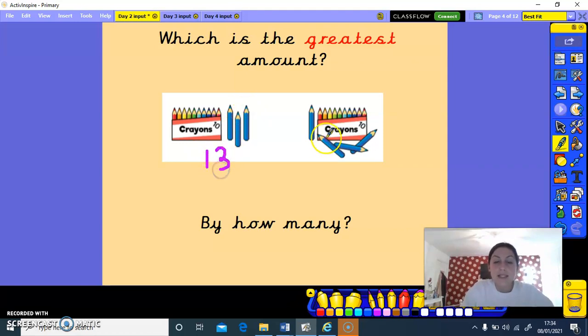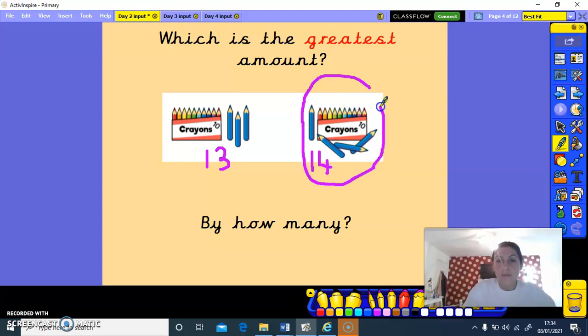What about this amount over here? We've got 10, 11, 12, 13, 14. So which is the greatest amount? Which is the biggest number? Brilliant, this one here. So I'm going to circle 14.